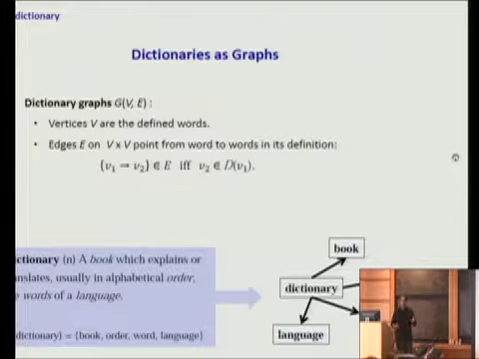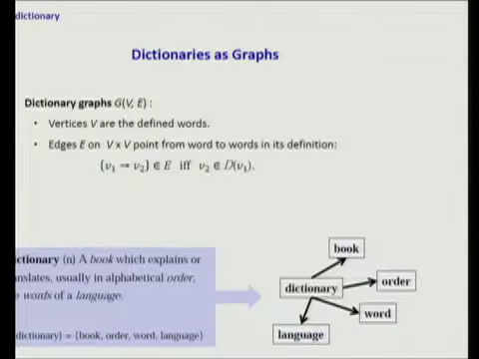In the case of a dictionary, the binary relation is not a synonym or a general-specific, but another type of relation, that of a definition. So vertices are, again, all the defined words, all the list of words that are defined in a dictionary.